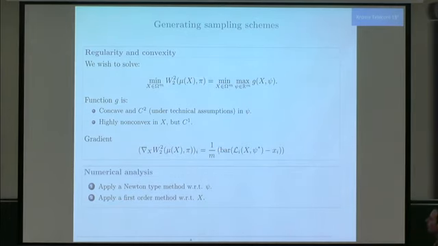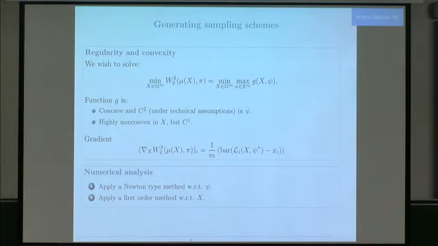And well, this leads to a natural numerical algorithm. The idea is to first apply a Newton method to find the optimal weight psi star. Then this allows you to construct the Laguerre cells Li of x, psi star. And then you can apply a first order method with respect to x, since you know the expression of the gradient.